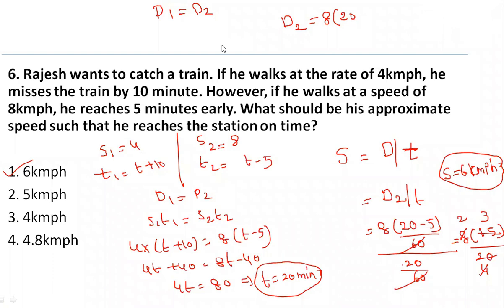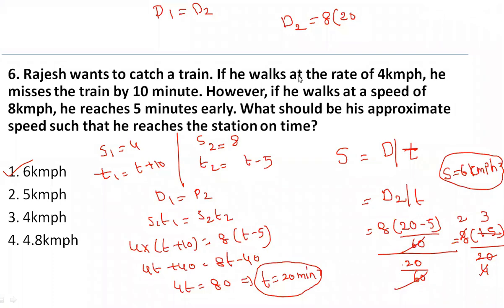So I'm reiterating the explanation once again. Please check it out. Rajesh wants to catch a train. In case 1, he was using 4 kilometers per hour speed and he was late by 10 minutes. Missing the train means he was late, so it's T plus 10. And he is using 8 kilometers per hour speed and he was early by 5 minutes, so it's T minus 5. In both cases, distance is the same.